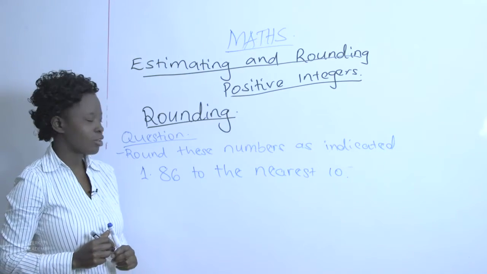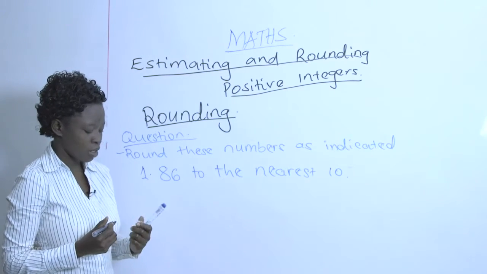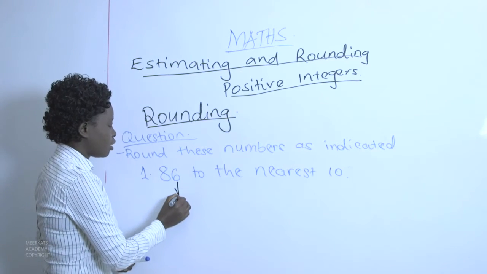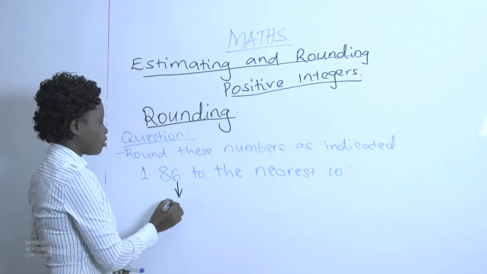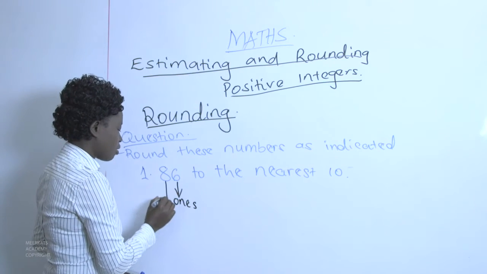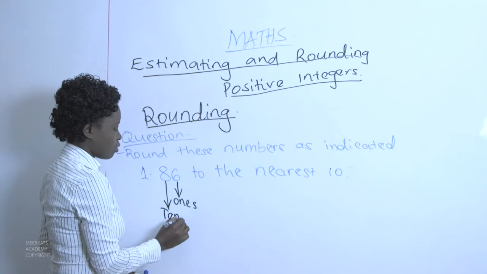We need to identify which number is in the tens place value and which one is in the ones place value. So we start from the far right. The number on the far right is the number in the ones place value. Then the next digit is in the tens place value.